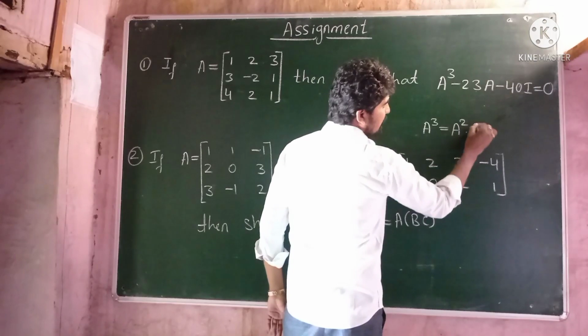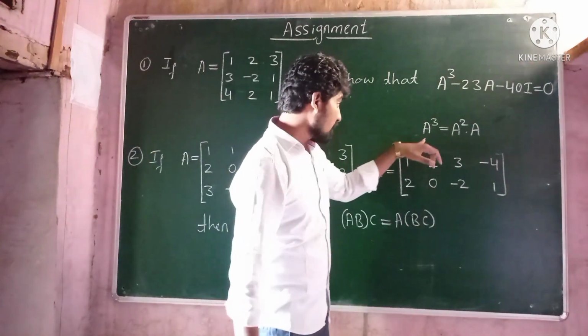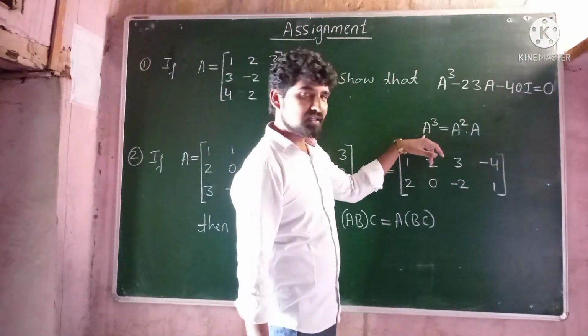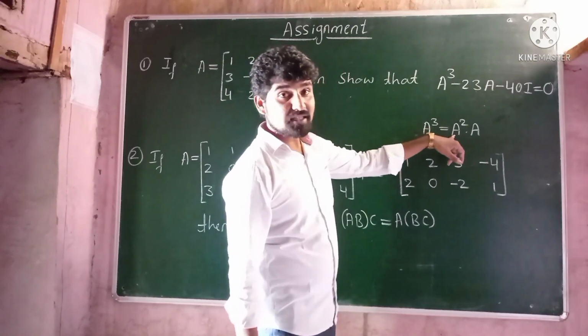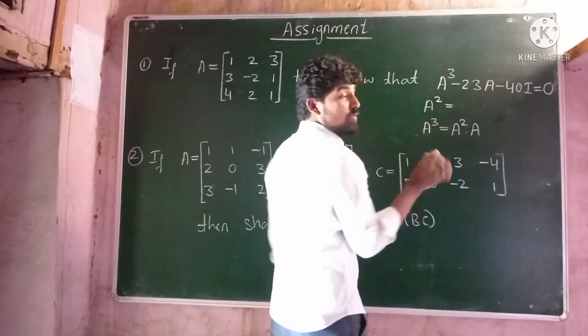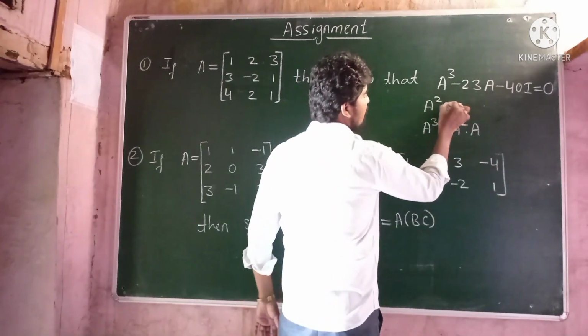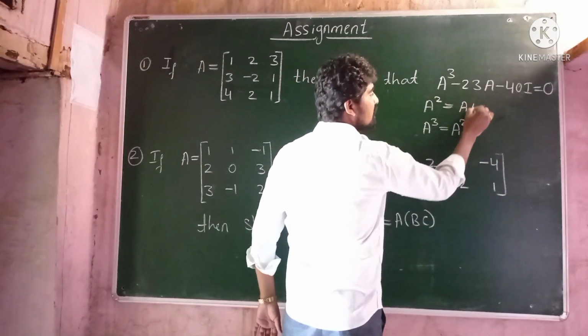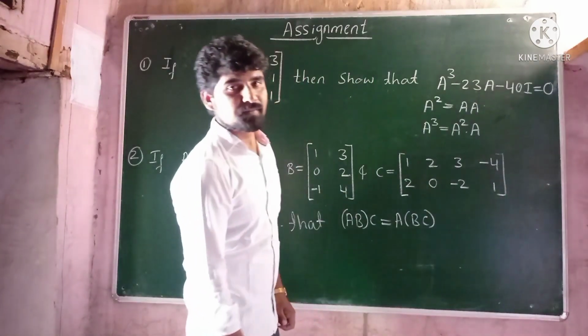and matrix A cube is equal to A square matrix into A matrix. So for finding this A cube matrix, we need to find the matrix A square. Therefore, the A square matrix is obtained by multiplying the matrix A with A matrix.